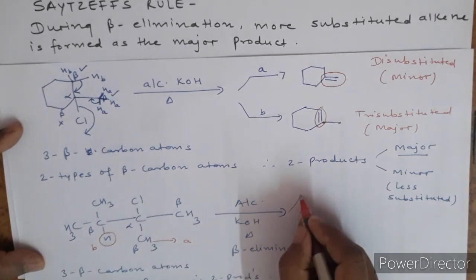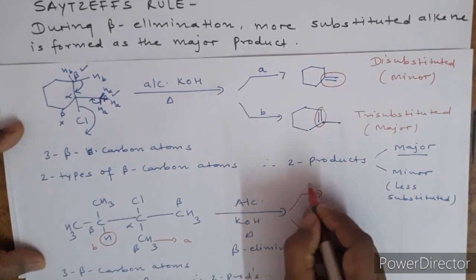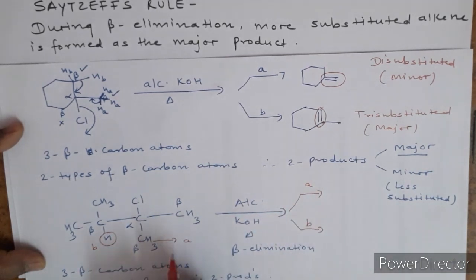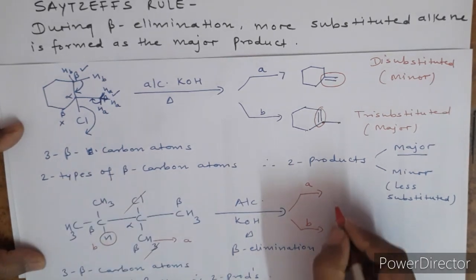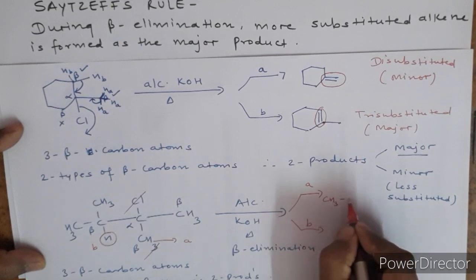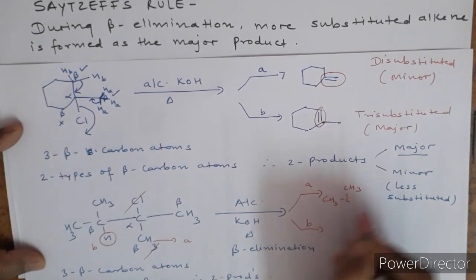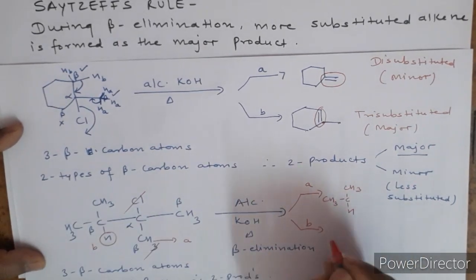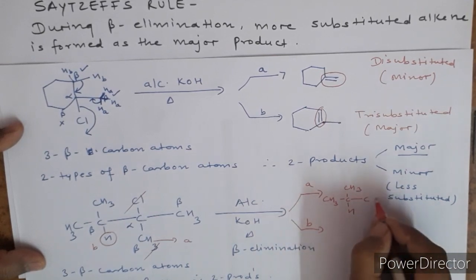Again the same way we are going to do the product prediction. A and B, we'll just knock out without showing arrow movement, knock out the H plus, knock out the Cl minus, and write the structure. So this is the shortest way in which you can write. CH3C, CH3. Draw the structure.